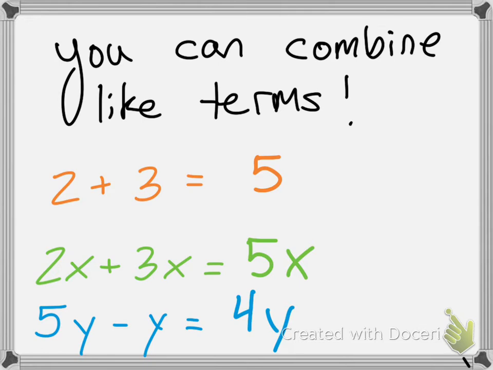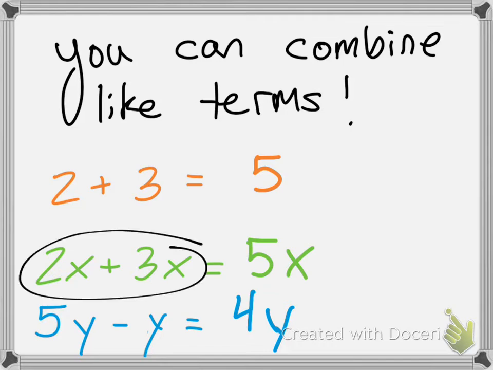So I want you guys to write down these examples so that you can see them. What we did is this is essentially 5y minus 1y. I'm just doing 5 taking away 1. My variable stays the same. The mistake that you made is you were just doing 5y minus y, that y minus y, I'm just left with 5. You can't do that.